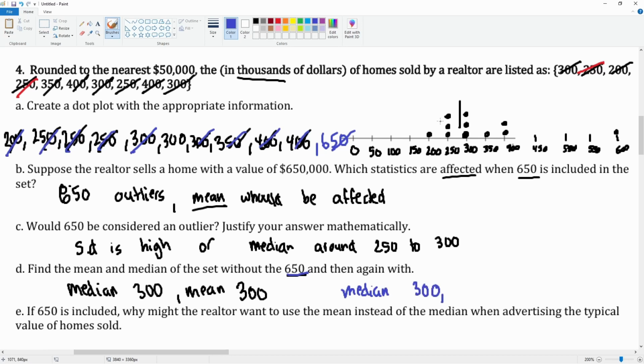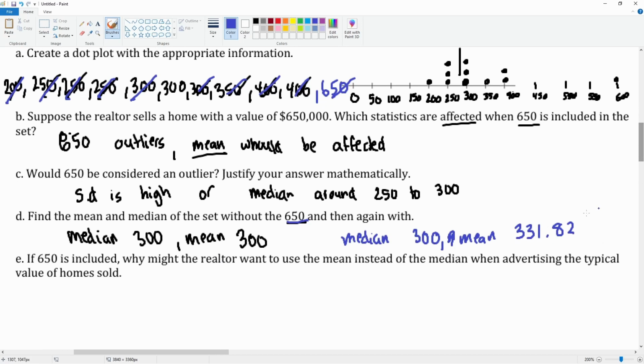Okay, but let's see what happens here. Plus 650 divided by 11. The new mean with the new calculation is 331.82.